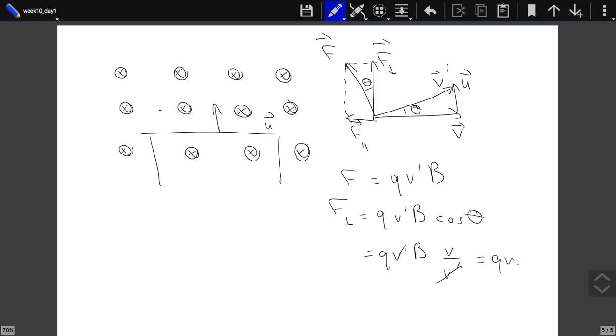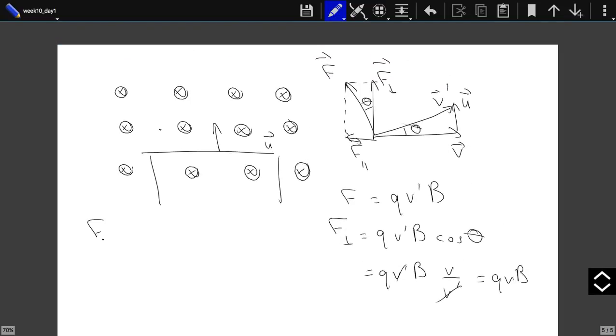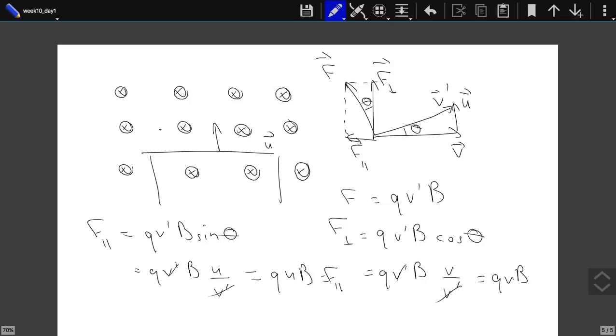So V prime will cancel, this will be equal to QVB. Well, the vertical component is just as if my particle is moving horizontally. And the parallel component, the magnitude of the parallel component will be QV prime B times sine theta. If you look at the triangle of the velocities, sine theta is nothing but u over V prime. V primes cancel, so it is Qu times B. This is the parallel component.